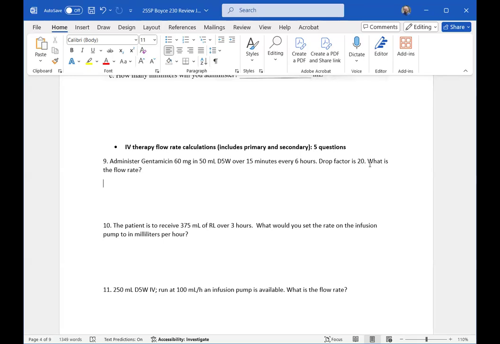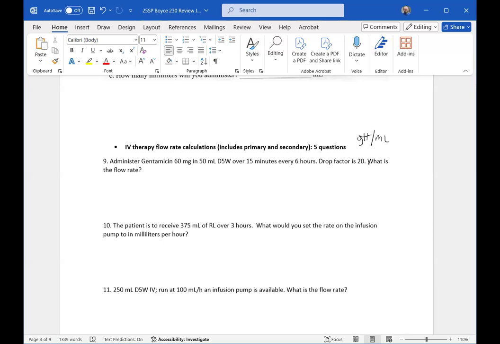So what I'm going to do is calculate the drop rate first because that's what I'm assuming they're asking for. A couple things, and it's not listed here, but you need to know that when they mention a drop factor of 20, the units for a drop factor are drops per milliliter. So they're expecting that you already know that.